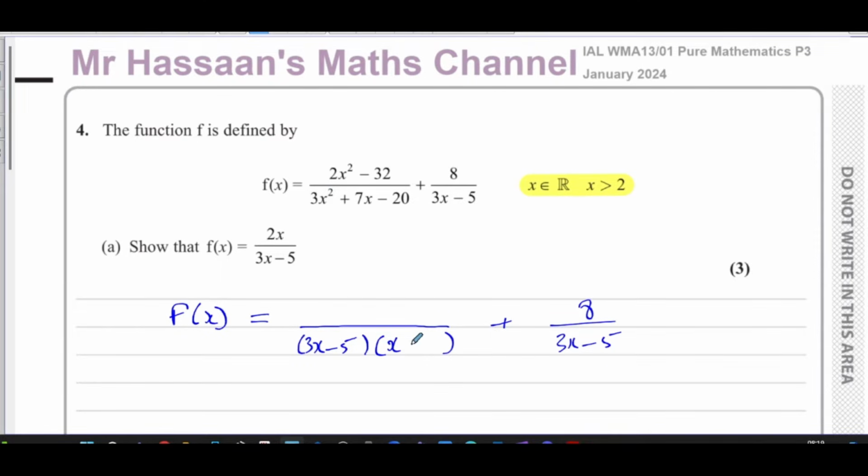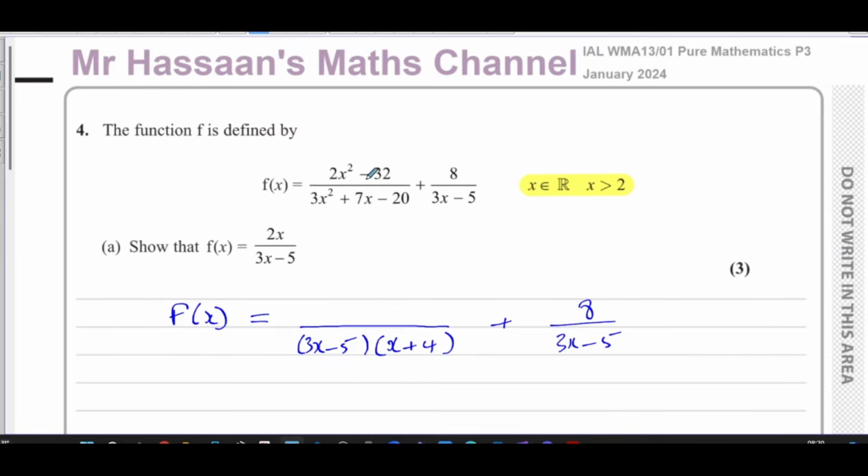You have minus 5 times plus 4, which will give you minus 20. Now we check, does it work? Will this actually expand to give us this? If it does, we've got the answer. So you have 3x squared plus 12x minus 5x, which is plus 7x minus 20. So it worked.